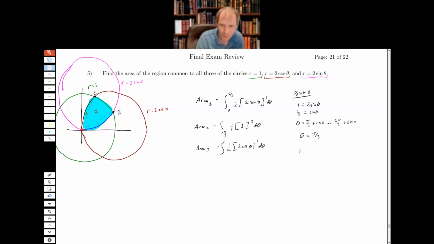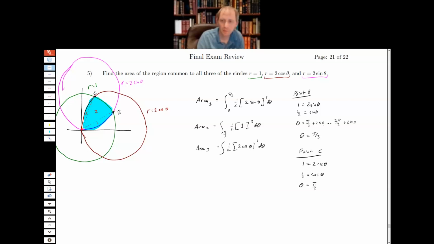Okay. To find point C, that's where the green circle and the brown circle intersect. So r equals 1 and r equals 2 cosine theta, so 1 equals 2 cosine theta. So 1/2 equals cosine theta. When I take the inverse cosine of 1/2, I get pi over 3.